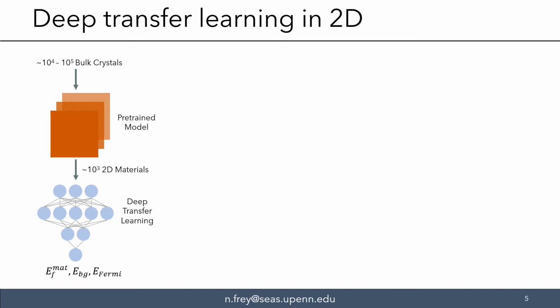Then we can take those trained models and fine-tune them on the much smaller amount of available 2D materials that we know about, something on the order of maybe 1,000.